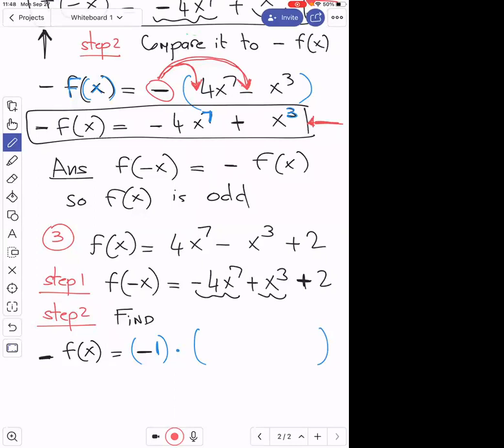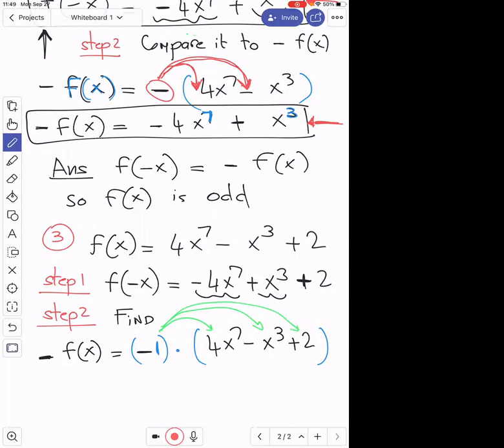Not just the first term of the function f, but the whole function f. The whole function f is 4x to the power 7 minus x cubed plus 2. It's like multiplying by a number, and when we multiply a function by a number, you have to multiply each term by that number. So here it's times -1, here times -1, and here times -1.